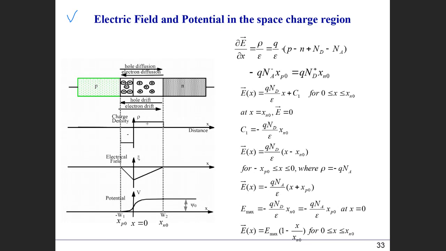As I mentioned, we have the PN diode. If we just look at only the P-type silicon, as I explained, you have lots of holes available in the P-type silicon.